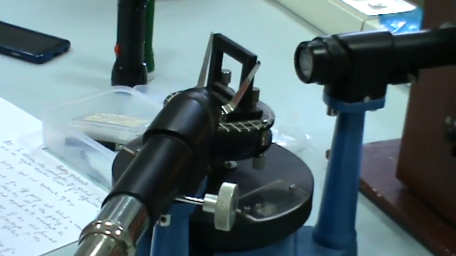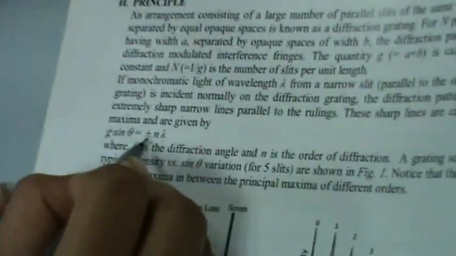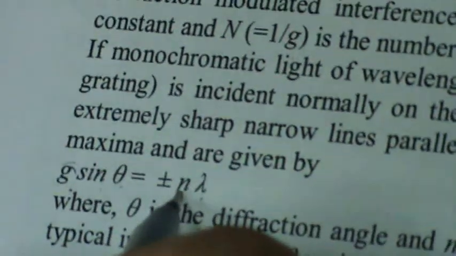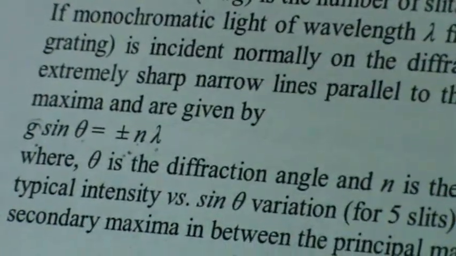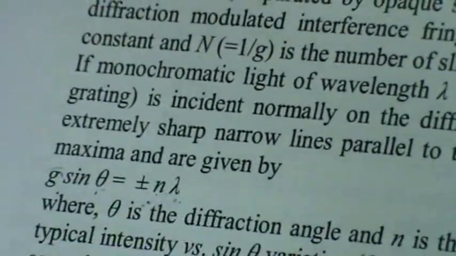These sharp lines are called the principal maxima, which is given by the equation G sin theta equals plus or minus n lambda, where G is the grating element of the diffraction grating, theta is the diffraction angle, n is the order of diffraction which you are observing, and lambda is the light source wavelength. As you can see from the equation, theta is dependent upon lambda.